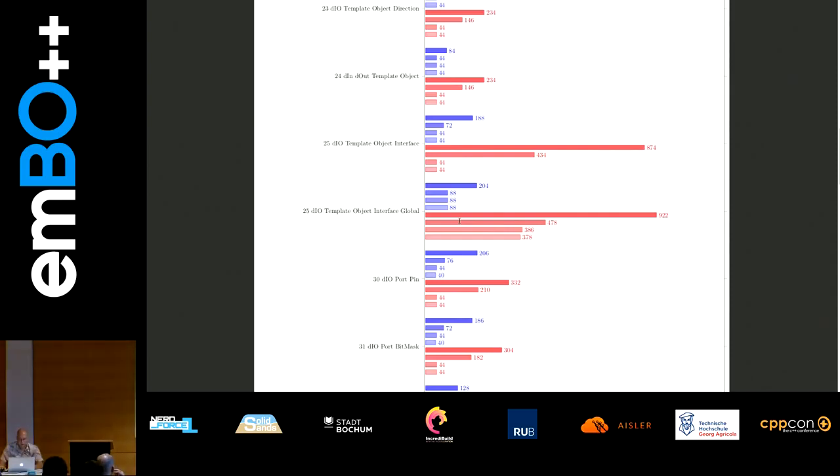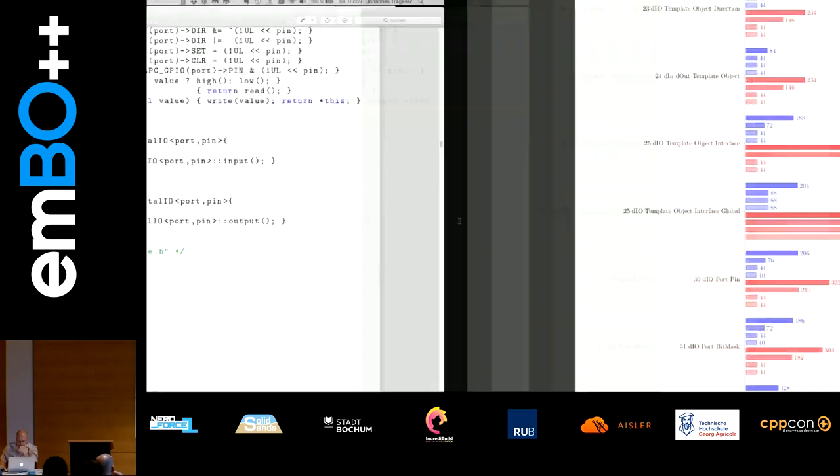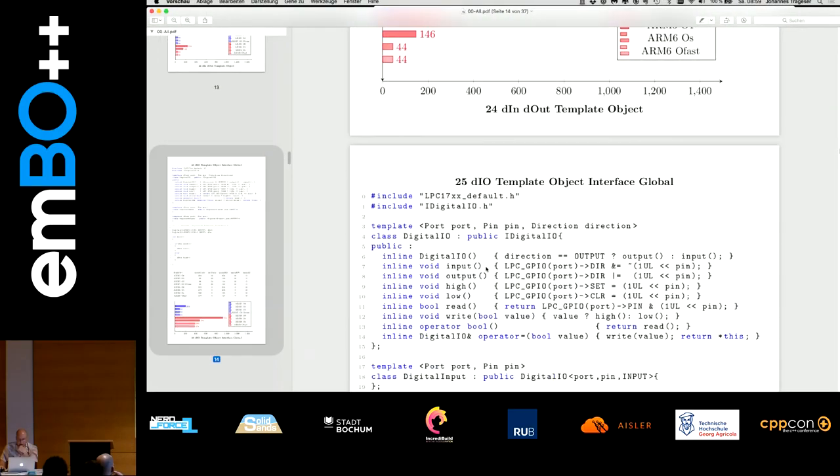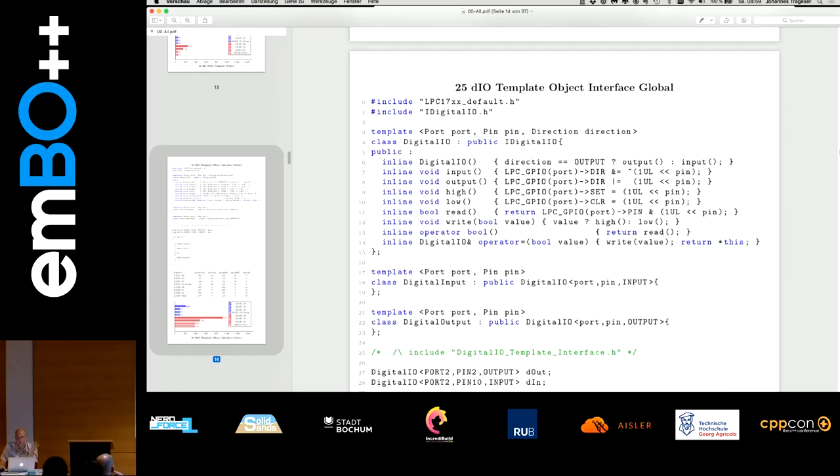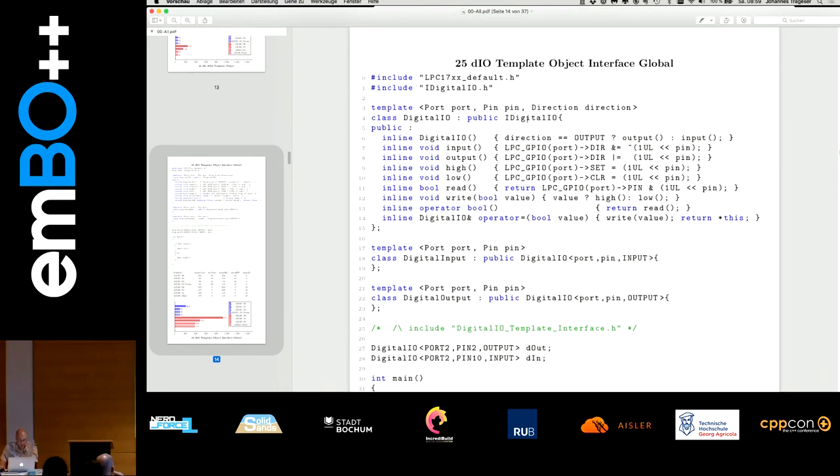So now we define an interface, digital I/O, that has virtual functions for high, low, and so on. And we tell this class to implement this interface. So this would be the normal C++ approach with dynamic polymorphism.